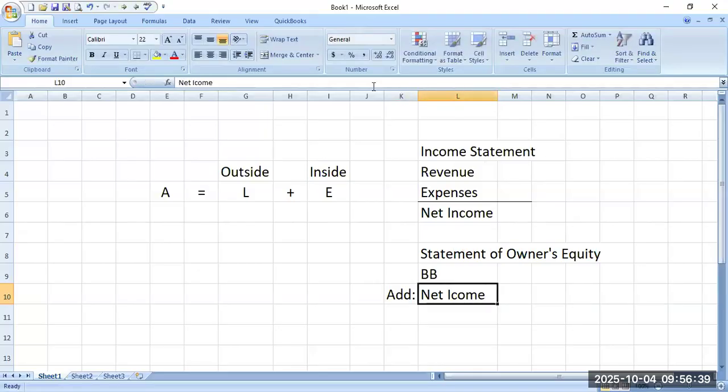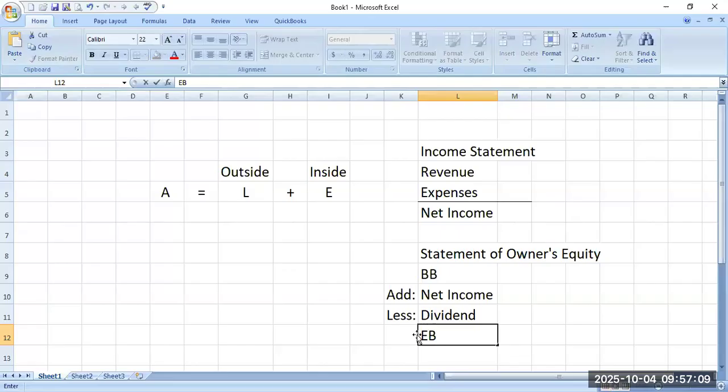And we're going to deduct the dividend, if the owners want the dividend. And then we're going to have the ending balance of the statement of owner's equity.